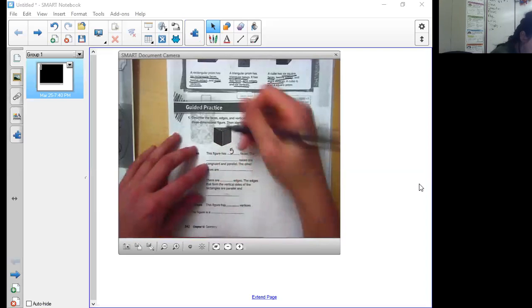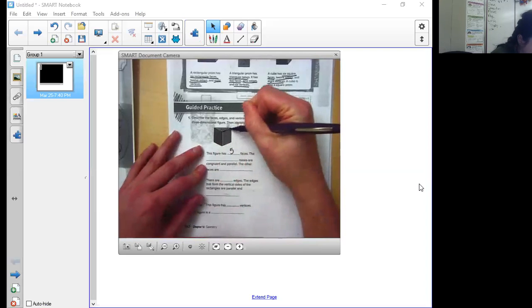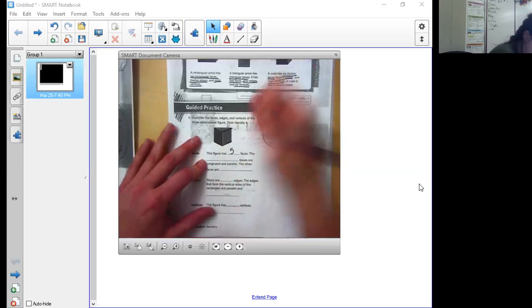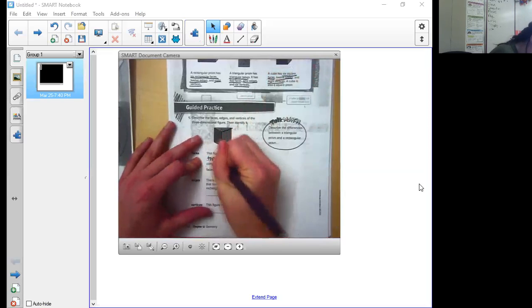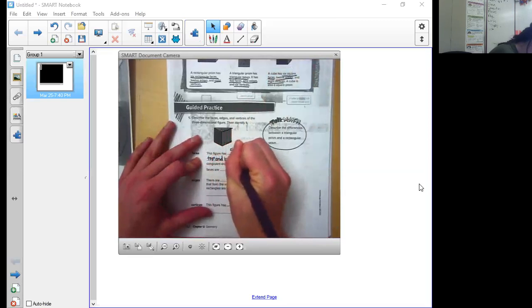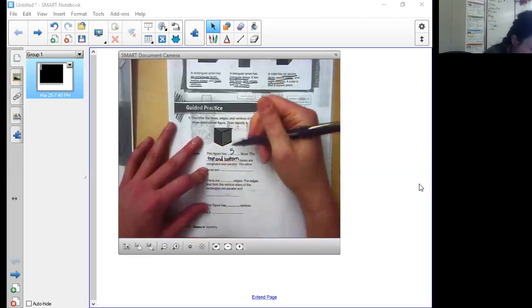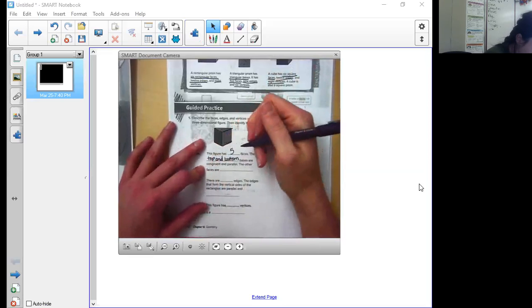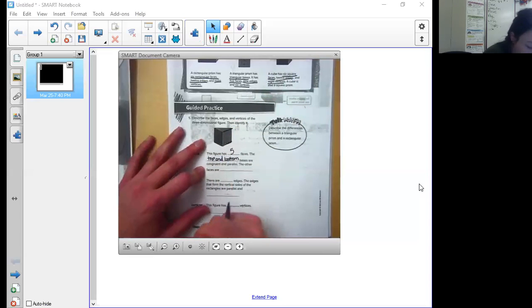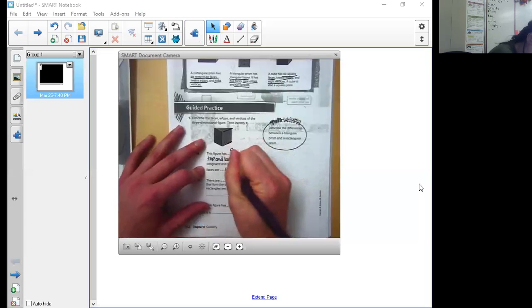What it's saying is that if I measured the distance between the top base and the bottom base, they would be parallel. So the top and bottom faces are congruent and parallel. And the other faces, are they parallel? No, they are just congruent.